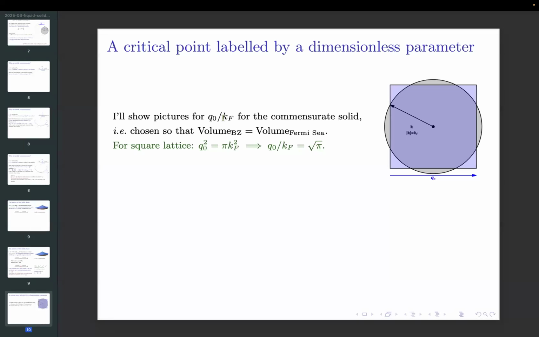Actually, since this is a high energy talk, maybe I'll make one more comment. This parameter Q naught over Kf is very strange, right? It seems like it's a dimensionless parameter of this critical theory. On the other hand, I think it's a bit like the strong CP problem. Okay, bear with me for a second. The theta angle in QCD is some dimensionless parameter of the theory, which if you only knew about the standard model, you would say, well, there's this problem that it could take any value, but the neutron electric dipole moment seems to be zero, and so it has to be zero.